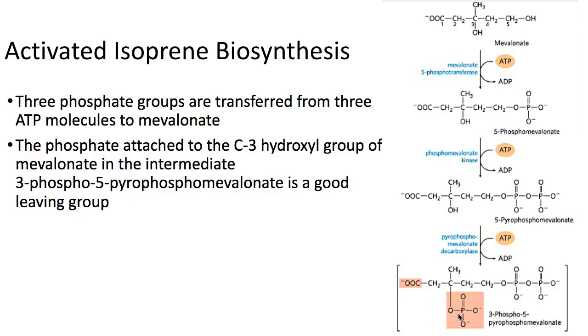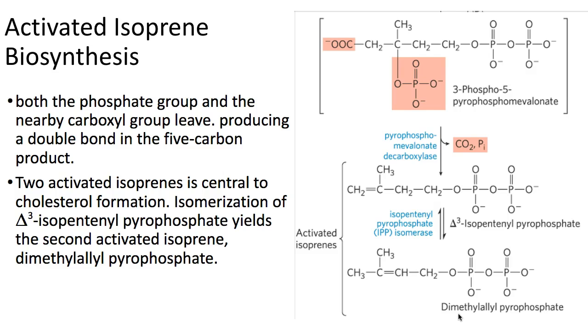After that transfer, this phosphoryl group and the carboxyl group is a good leaving group, and so it leaves and produces a double bond in this 5-carbon structure, and this makes your activated isoprene.